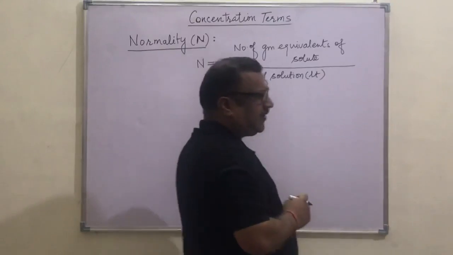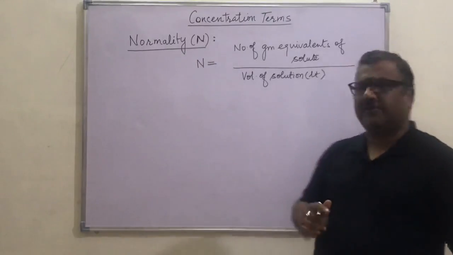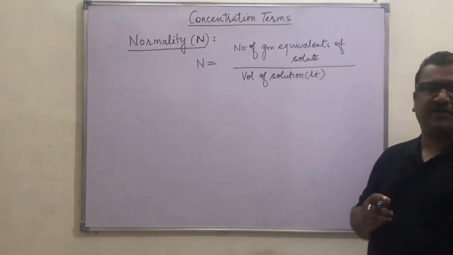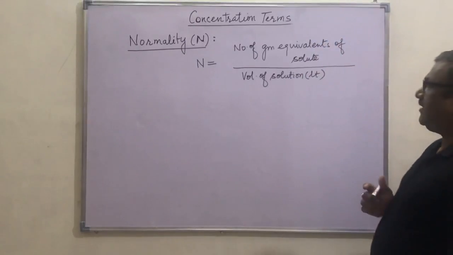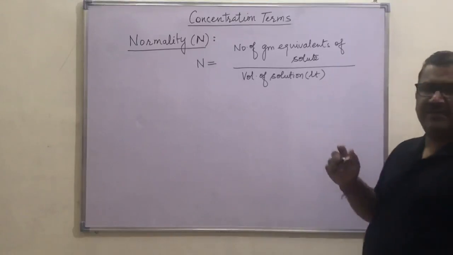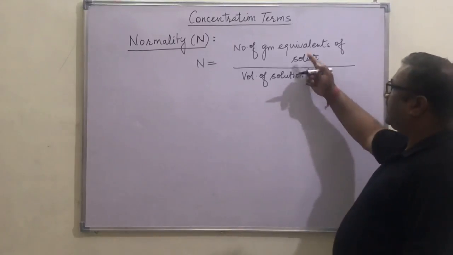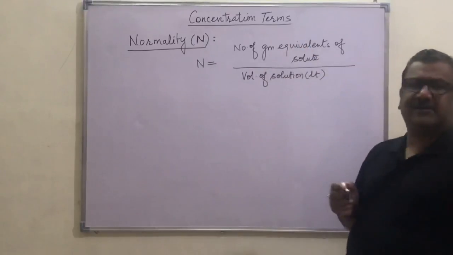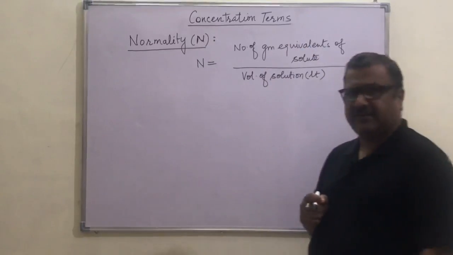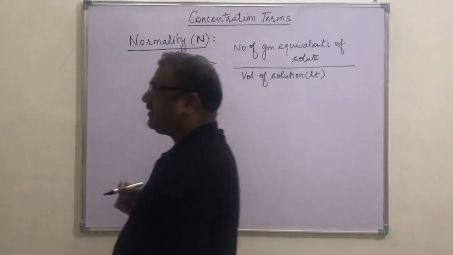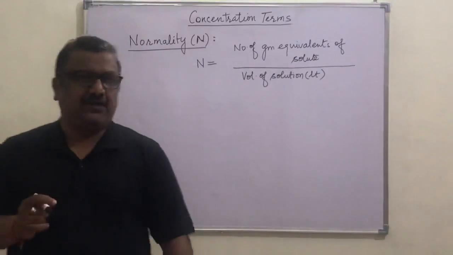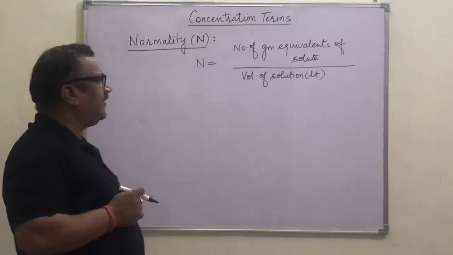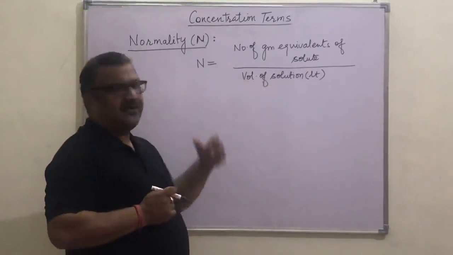So the formula of normality is the ratio of number of equivalents of solute present in 1 liter of solution. In molarity, which was the first term we discussed, the amount of solute was expressed in terms of moles, and in normality it is expressed in terms of equivalents. So this is the basic difference between molarity and normality. So for normality we will be taking the amount of solute in terms of equivalents per liter of solution.